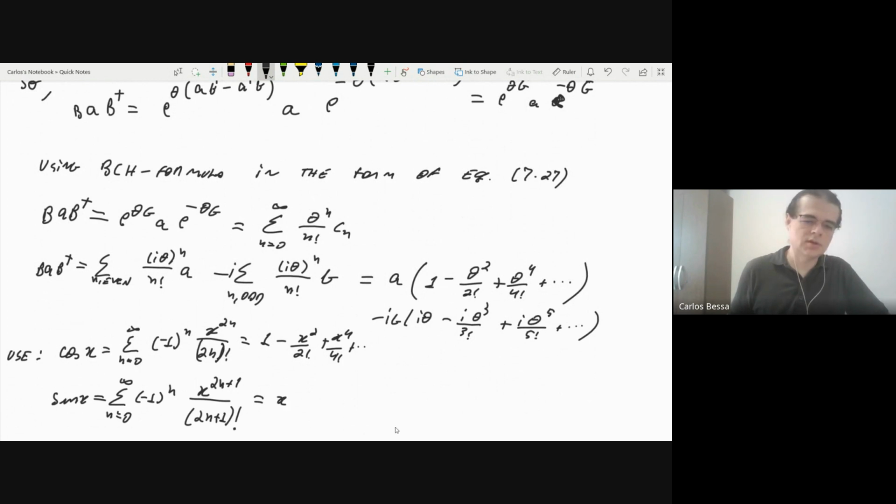This is x minus x cubed plus x to the 5th. When we multiply these i's, we get this result.